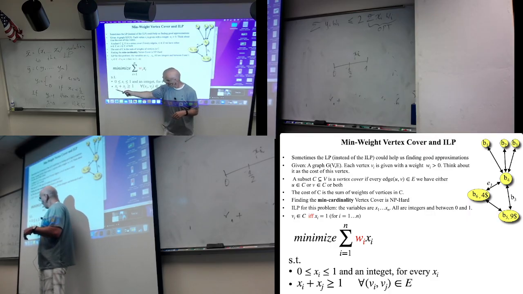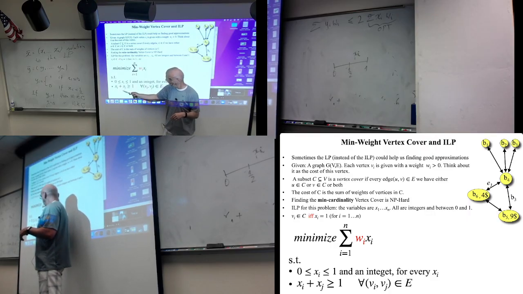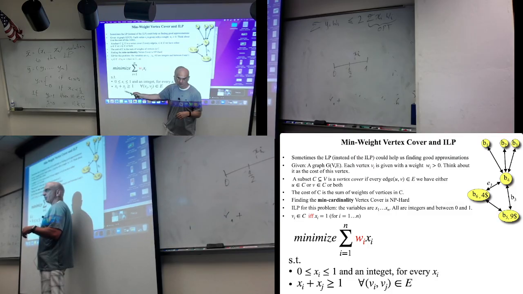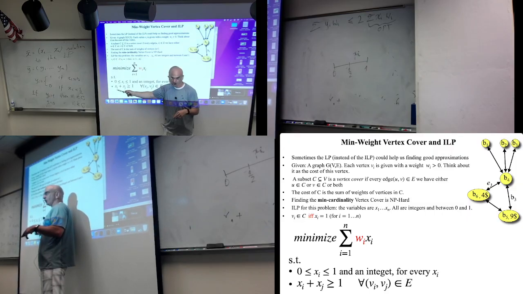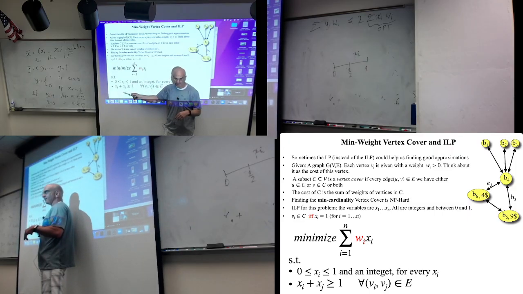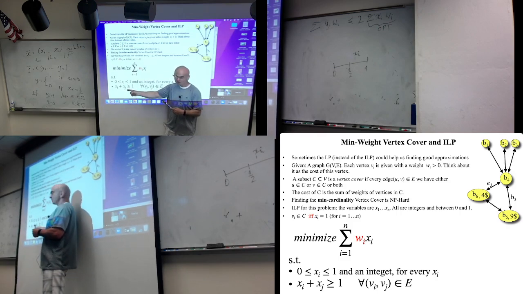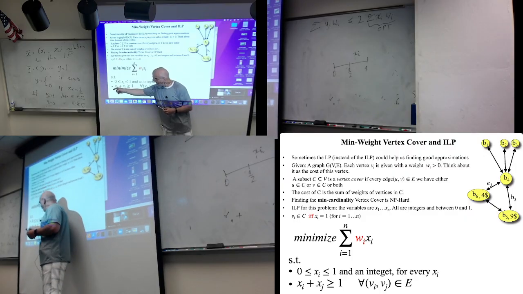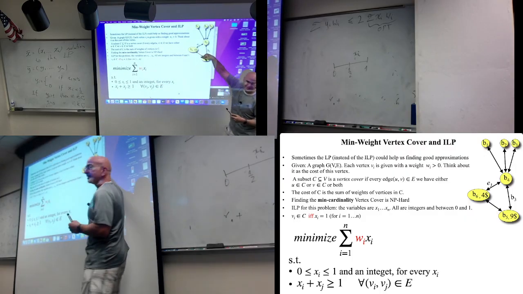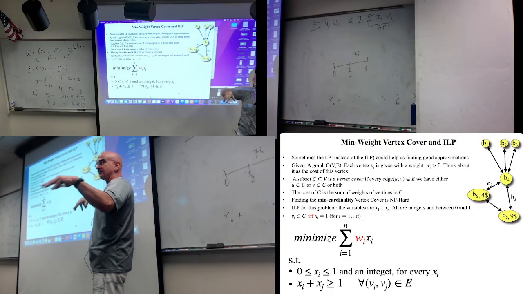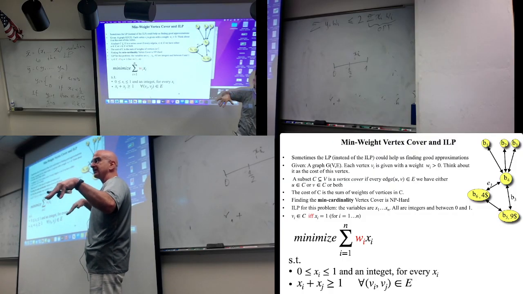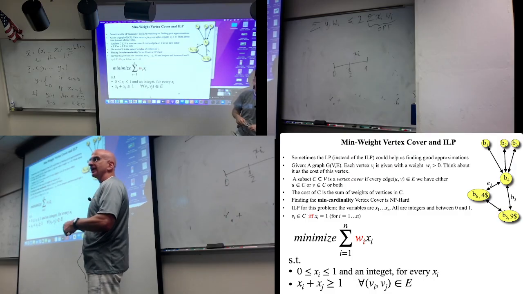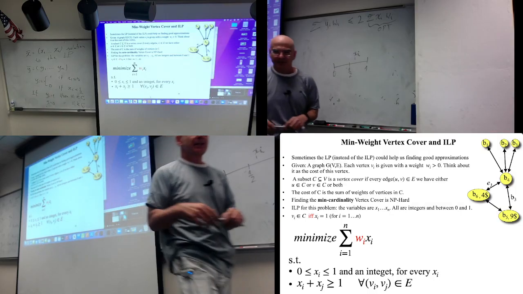Could it be that xi is 0.3 and xj is 0.2, both smaller than half? If they are both smaller than half, xi is smaller than half, xj is smaller than half, then when I sum them up, I'll get a value which is less than 1. The solution for the LP forces for every pair ij for which ij is an edge, either xi or xj must be larger than half, or at least half, meaning that you will take them. Every edge will be hit, and you're paying at most twice. I think that it's pretty cool.